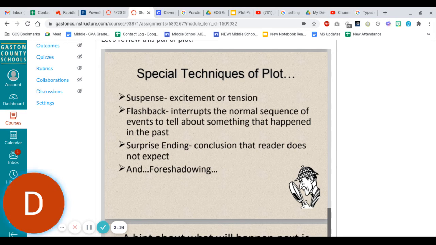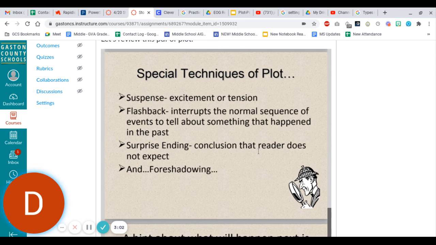Authors often use flashbacks in the plot, where they interrupt the normal sequence to tell about something that happened in the past. Those are flashbacks. Those are not the events that are occurring at that same time period. A lot of times they like to put in a surprise ending, a conclusion that you as the reader don't expect to happen.